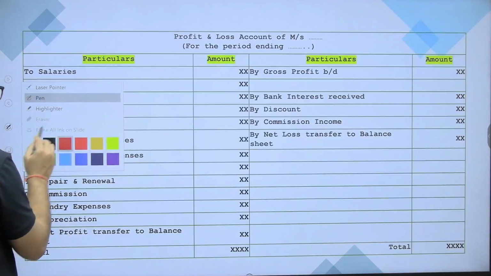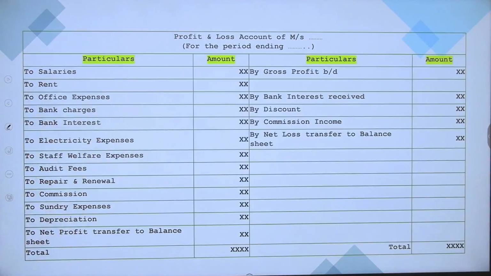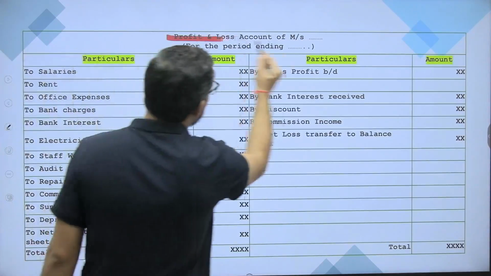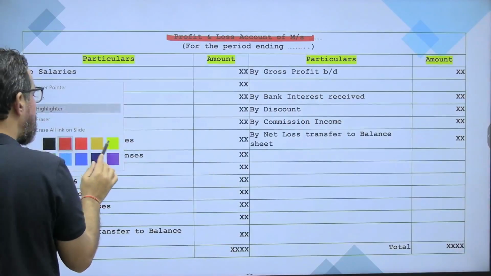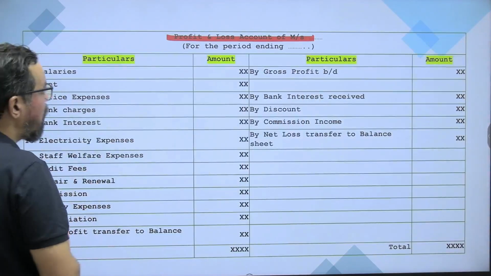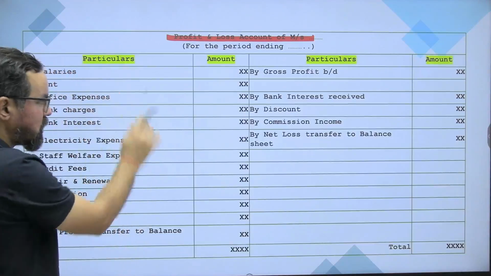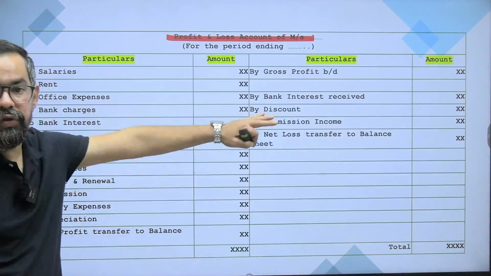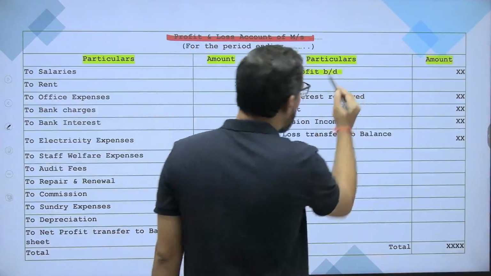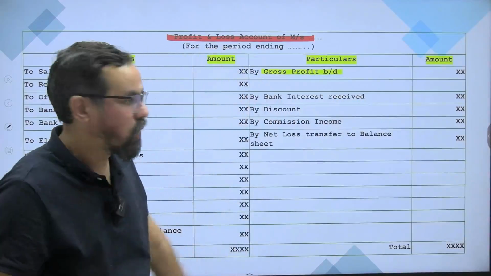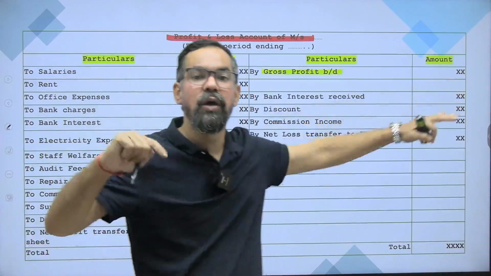When it comes to the profit and loss account of a business, here again this is your debit side and that is your credit side. The gross profit brought down from your trading account will come here if you are in gross profit.